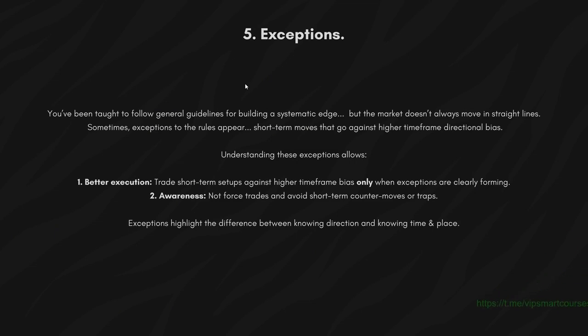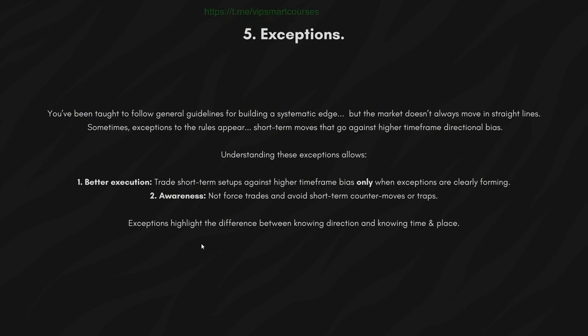For example, let's say that for the past 4 days, price has consistently formed bullish price action and closed bullish on the daily time frame. Now on the 5th day, when you are looking for a bullish trade and you have a proper market context on the 4-hour and a proper entry model on the 15-minute time frame, you will stop yourself from executing that trade because you know that that's an exception.